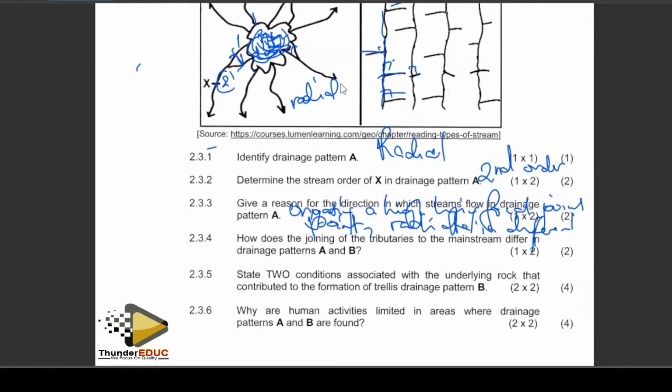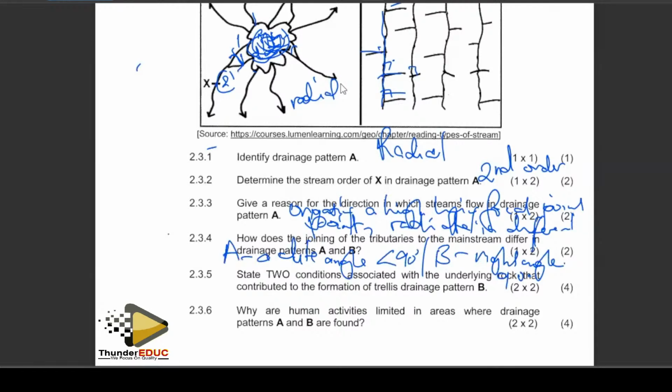That's the difference that is required. So in A, the tributaries join at acute angles, which means an angle less than 90 degrees. And in B, they are joining at right angles, meaning 90 degrees.